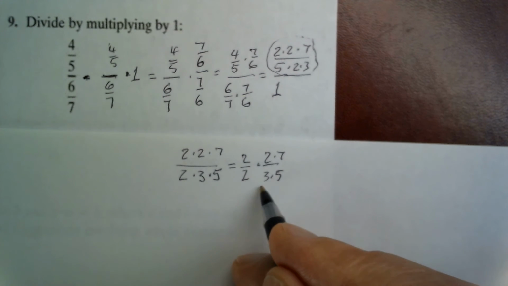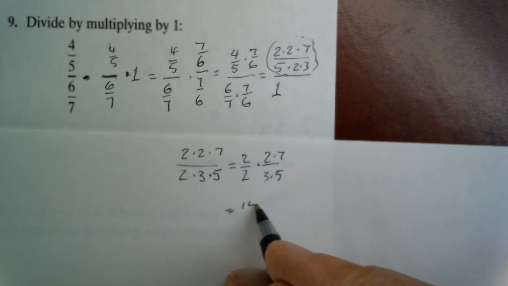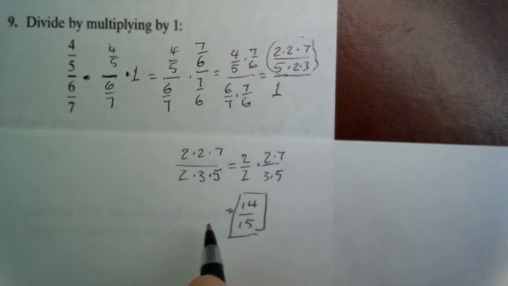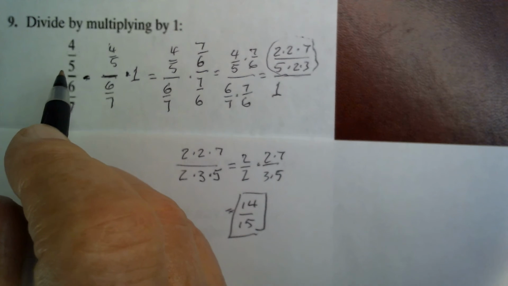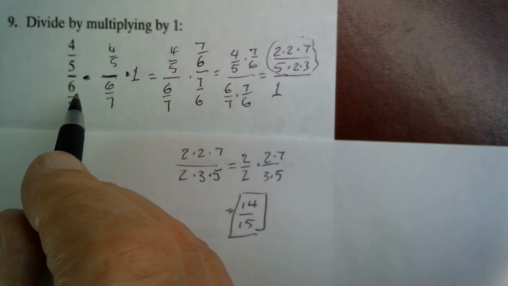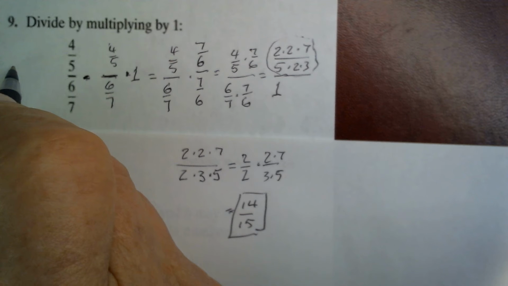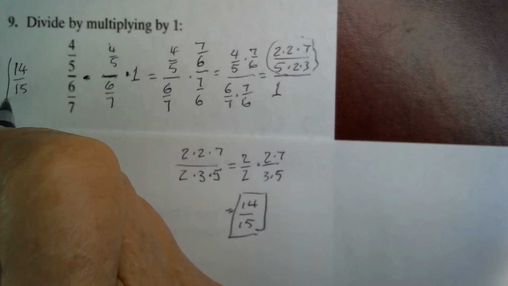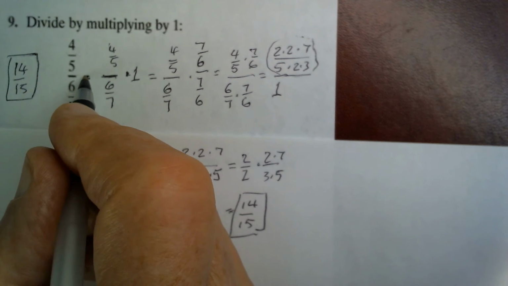So therefore we only have 2 times 7, which is 14, and 3 times 5 is 15. So 14/15 is the result, or it's the quotient of these two fractions. We're going to write the answer to the left of it so you know what it refers to. 14 divided by 15. That's the answer to this big fraction here.